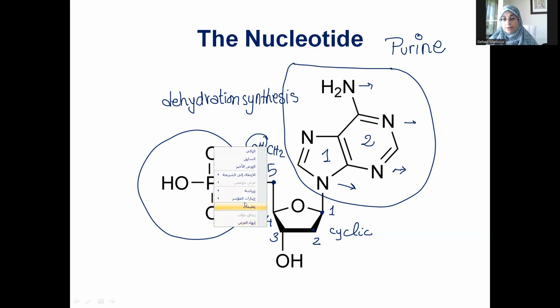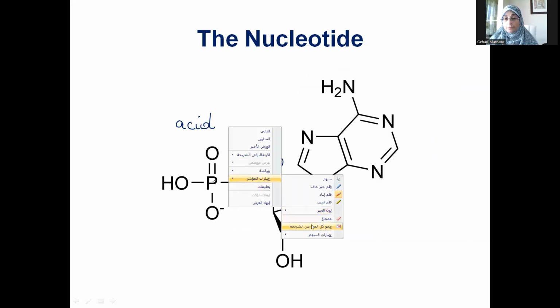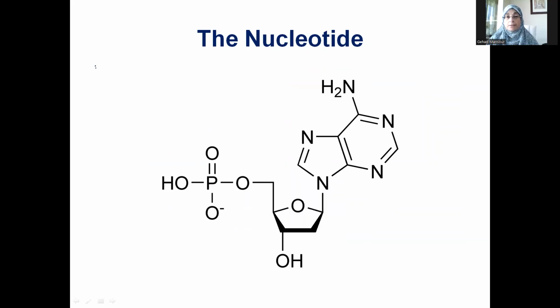And why is it an ester bond? Because we have here an acid, which is phosphoric acid, and an alcoholic group that is present in the sugar. Actually, this is phosphoric acid. This is important to know, because phosphoric acid is H3PO4, okay?